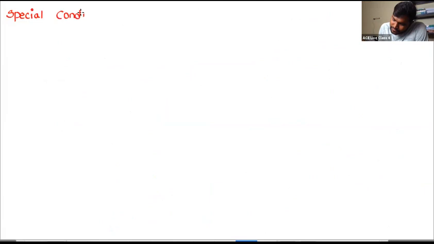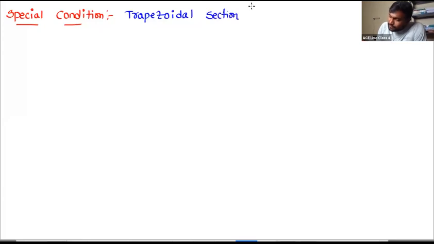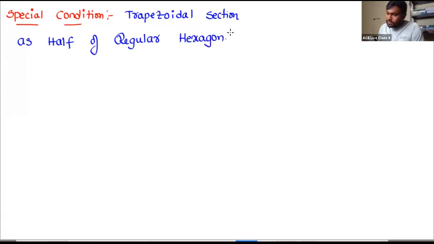The special condition for the trapezoidal section is that it is a half of a regular hexagon. Trapezoidal section is a half of regular hexagon.